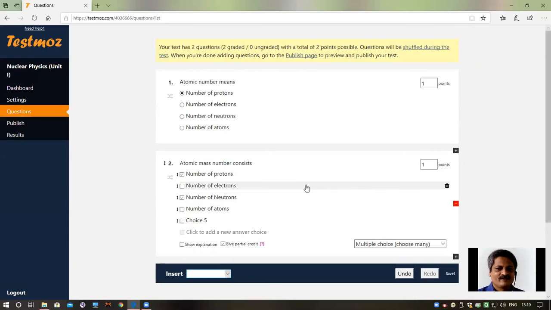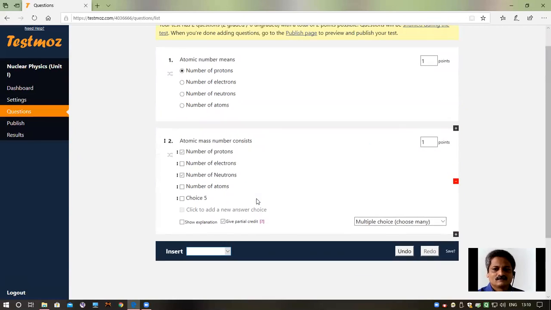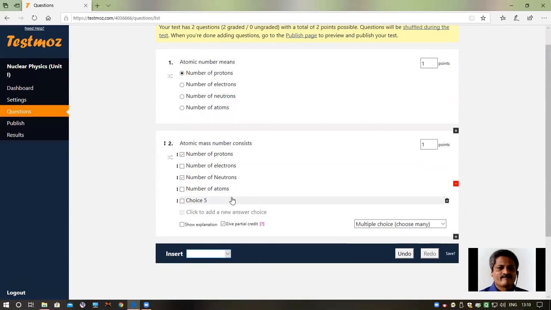Here one interesting feature we can see: give partial credit. Suppose this question has 2 correct options and the student answered only one, then he gets 1 mark. That is, number of protons and number of neutrons are known as the atomic mass number. Correct answer is option first and option third.